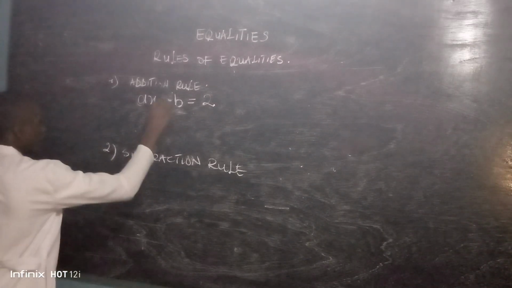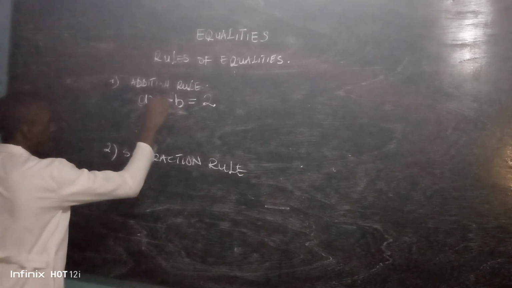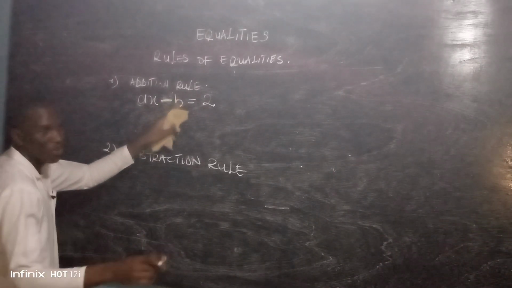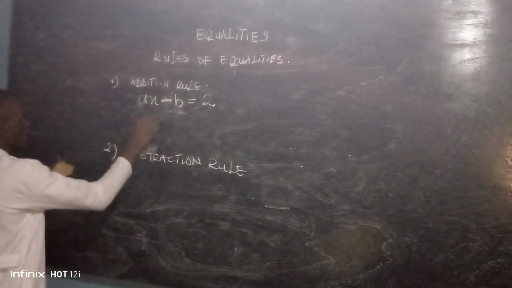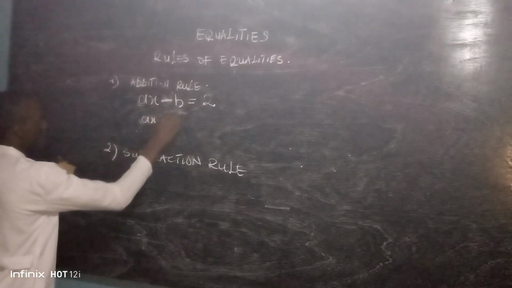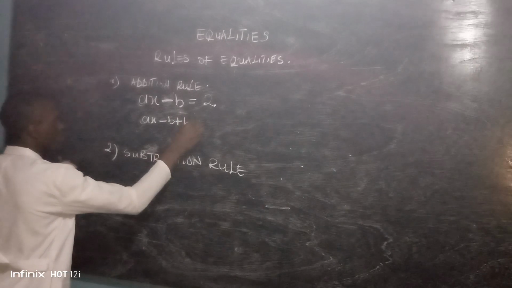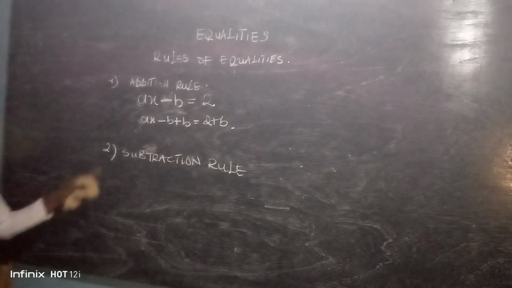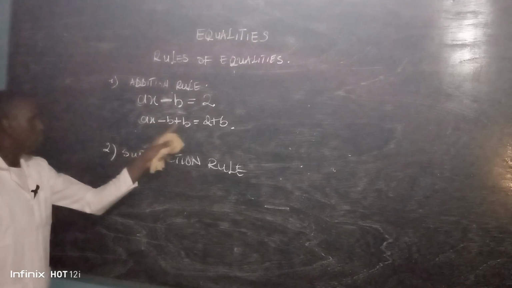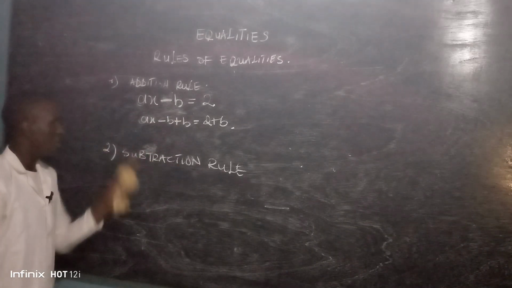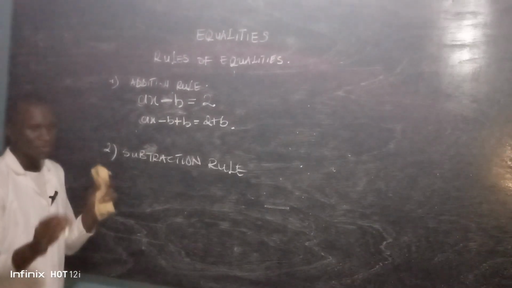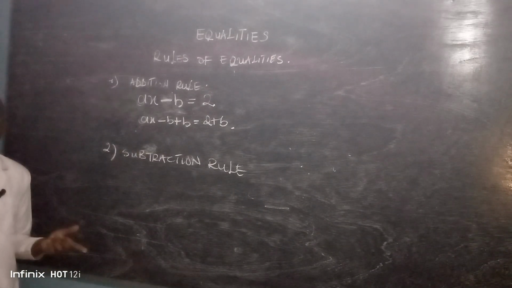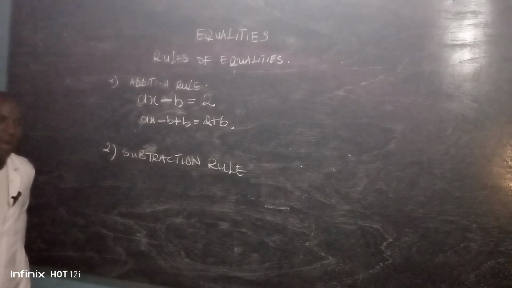So since I have negative b here, I'm going to add the corresponding number on both sides of the equation. So I have ax minus b plus b equals what? 2 plus b. Now, negative b plus b is 0, the same as b minus b. Whenever you talk of a negative number, just take it that you are owing something.